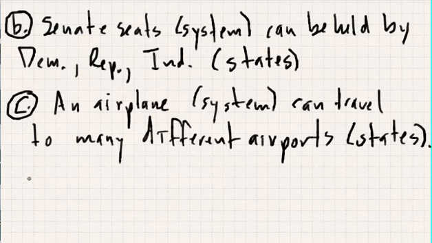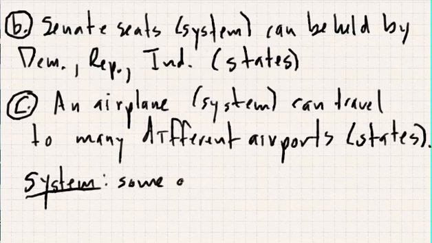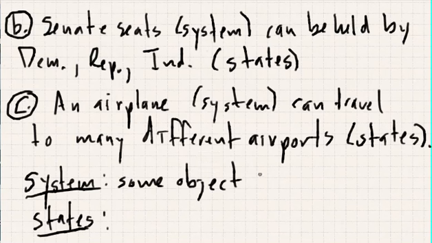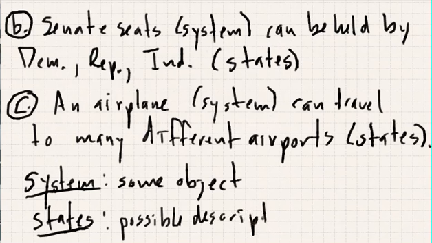So generally the system is some object that we are following around, and the states are the possible descriptions of that object.